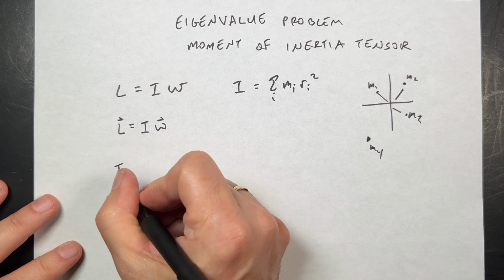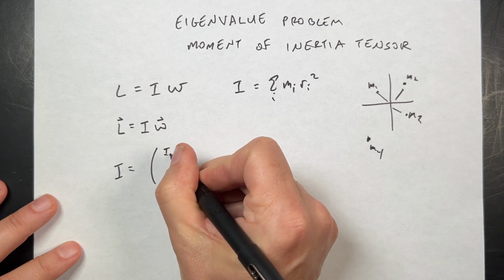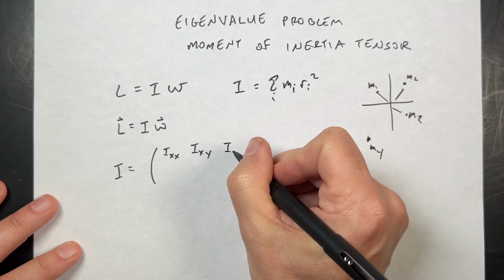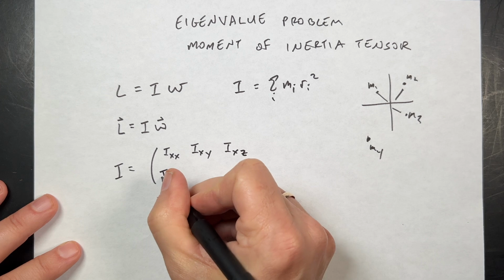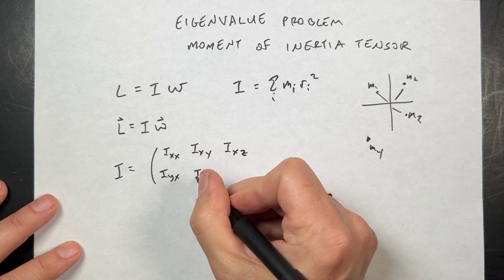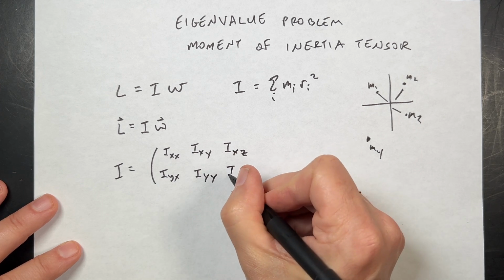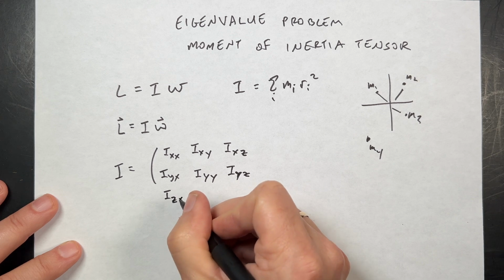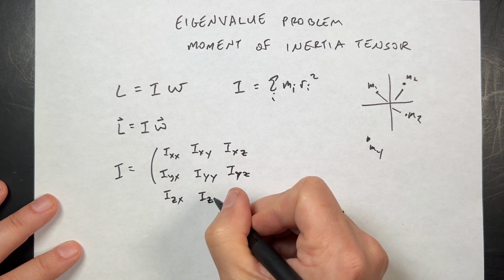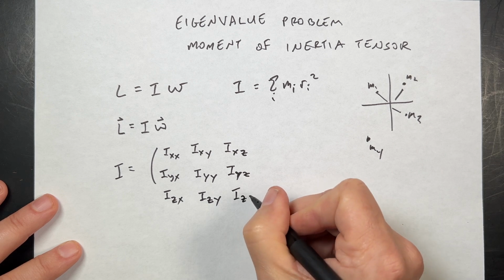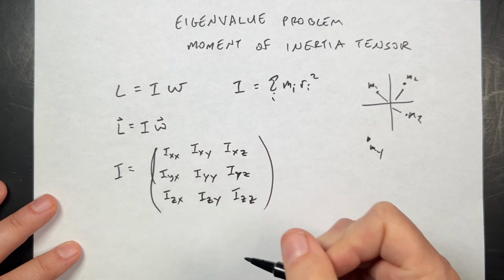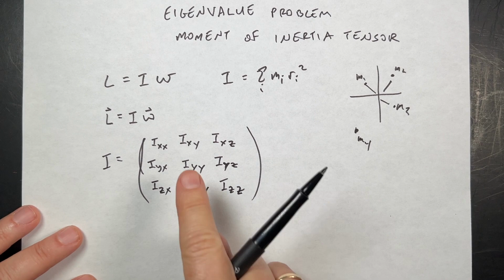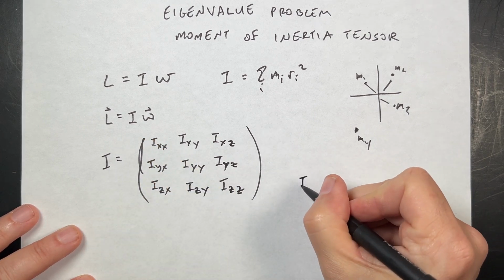And we define I as the components Ixx, Ixy, Ixz, Iyx, Iyy, Iyz, Izx, Izy, and Izz. And so it looks like a matrix. In this case, we can treat it as such. And we can find these components with the following.